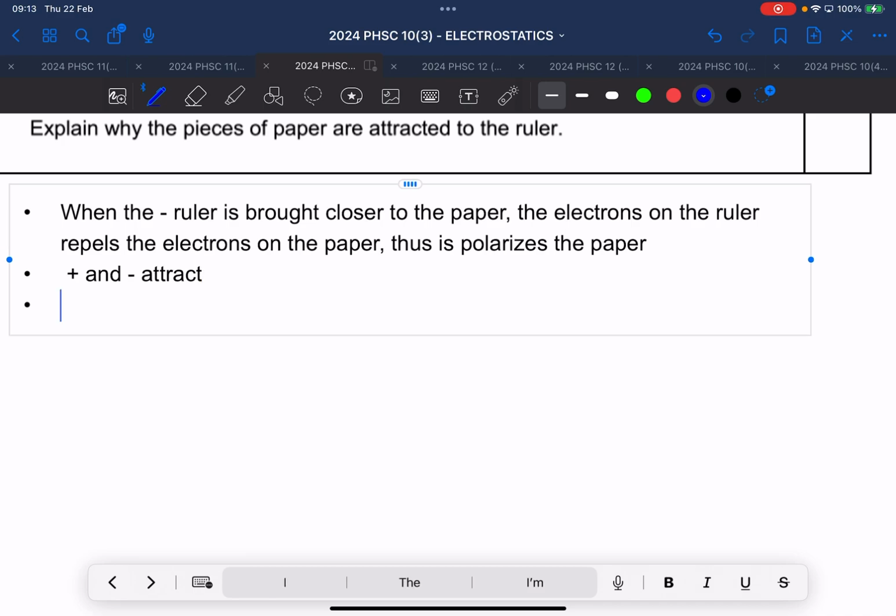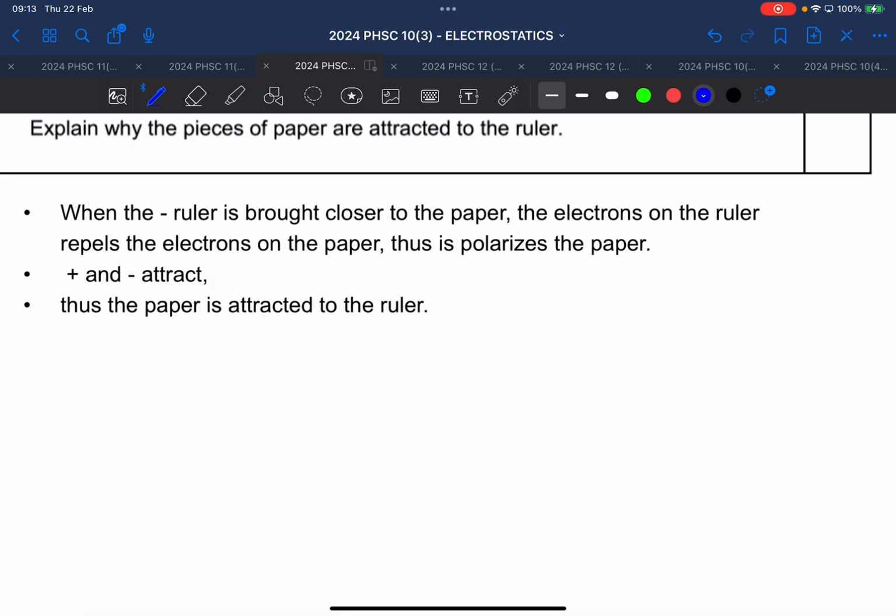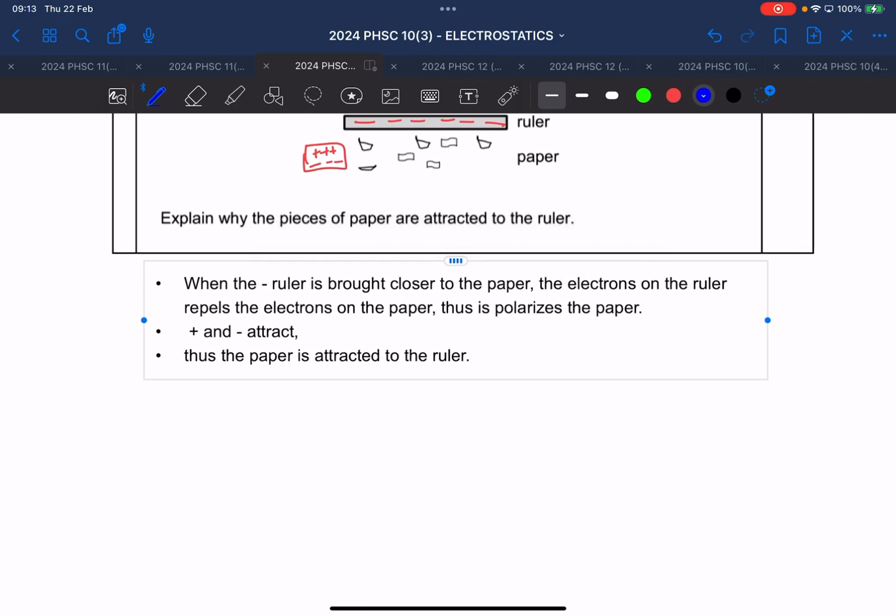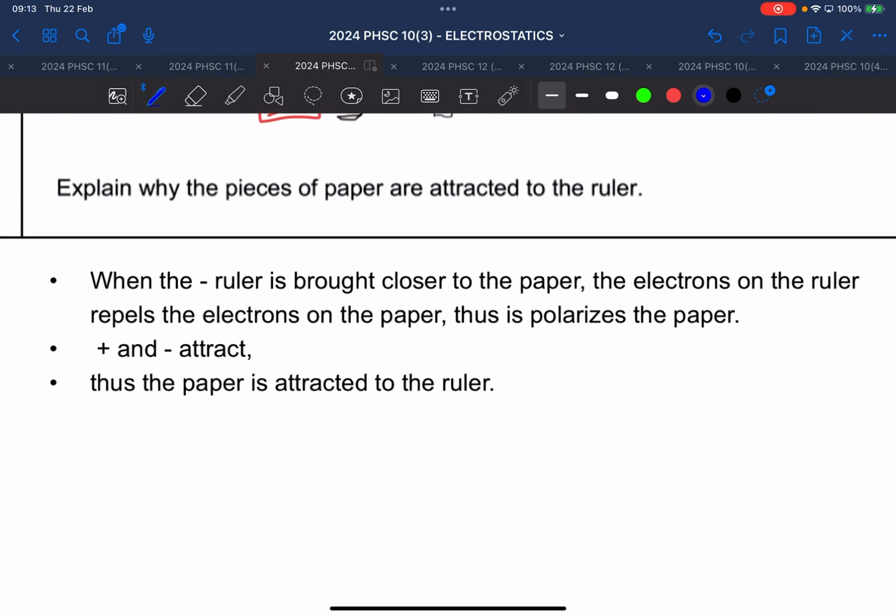Then, thus, the paper is attracted to the opposite charges. Perfect.